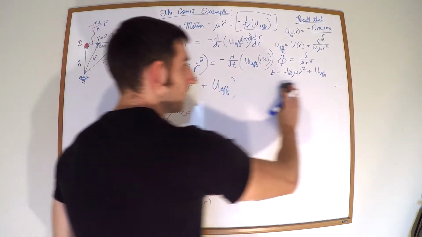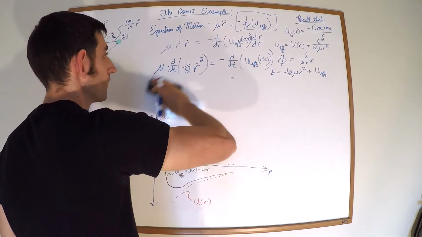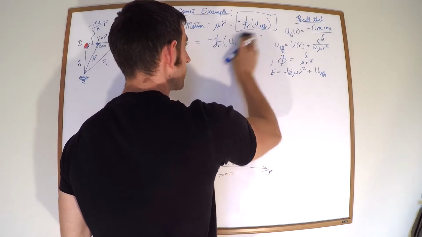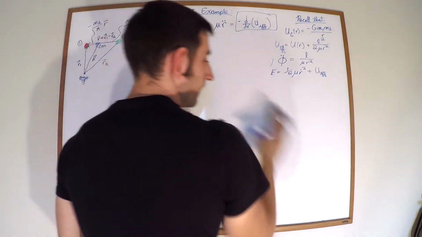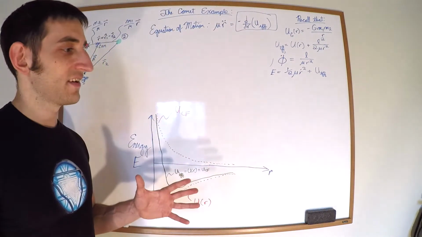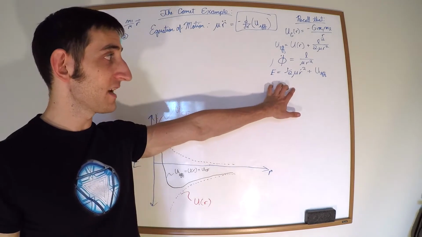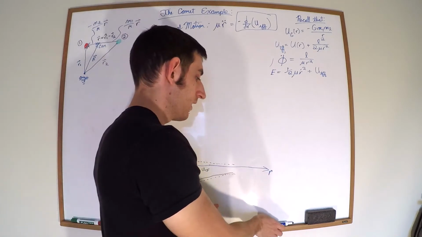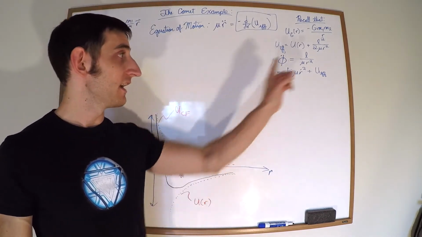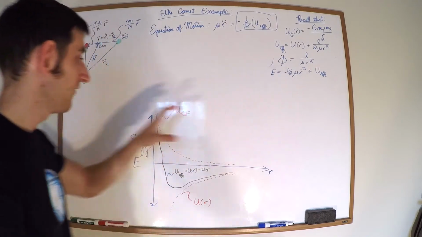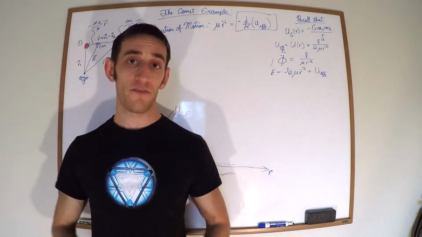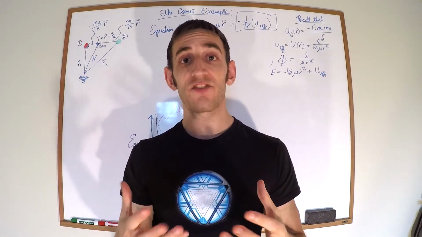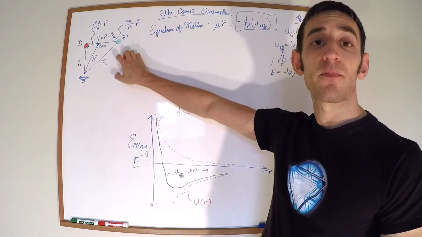So what we found is that the energy is going to be constant. It's a function of kinetic energy and potential energy. And now what we want to consider is how this affects this plot. Does it divulge any more information? Can it give us any extra idea regarding the behavior of this problem?